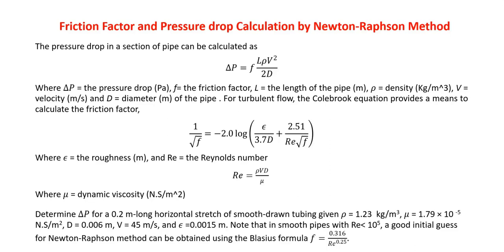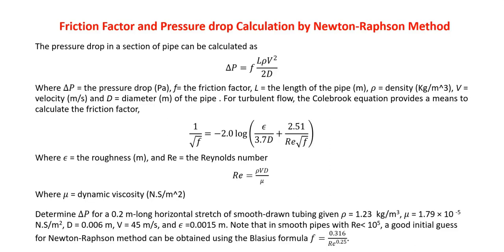So the problem is the pressure drop in a section of a pipe can be calculated as del P is equal to F L rho V square by 2D, where del P is the pressure drop in Pascal, F is the friction factor, L is the length of the pipe in meter, rho is density in kg per meter cube, V is velocity in meter per second, D is diameter of the pipe. For turbulent flow, the Colebrook equation provides a means to calculate the friction factor.